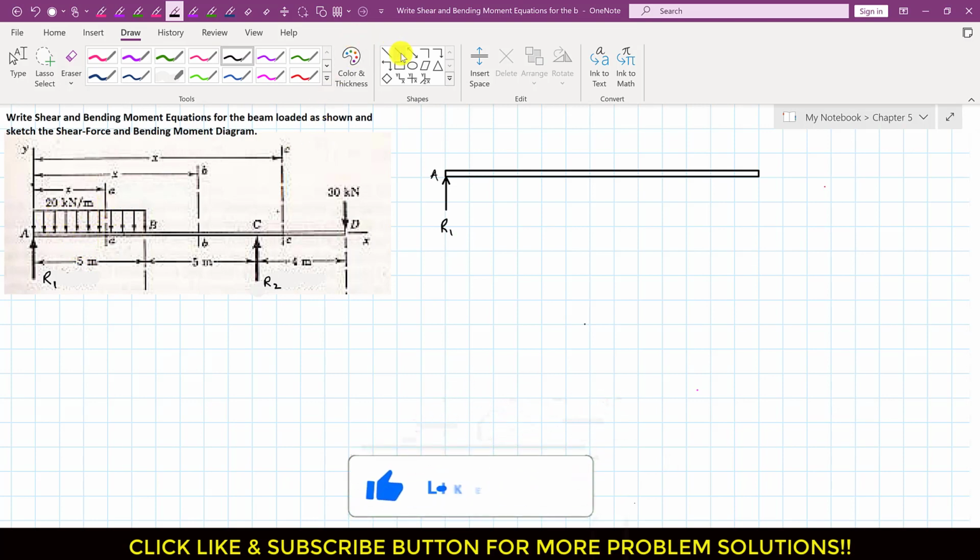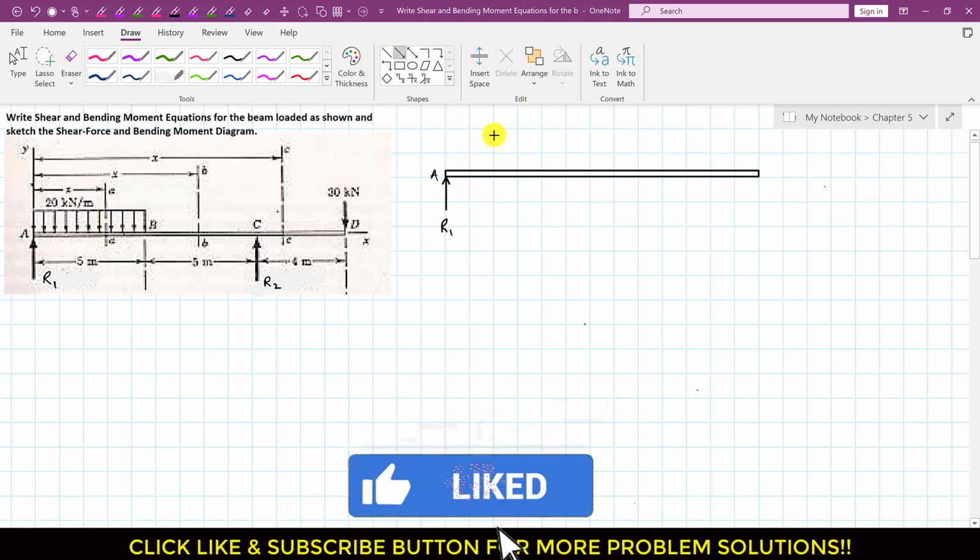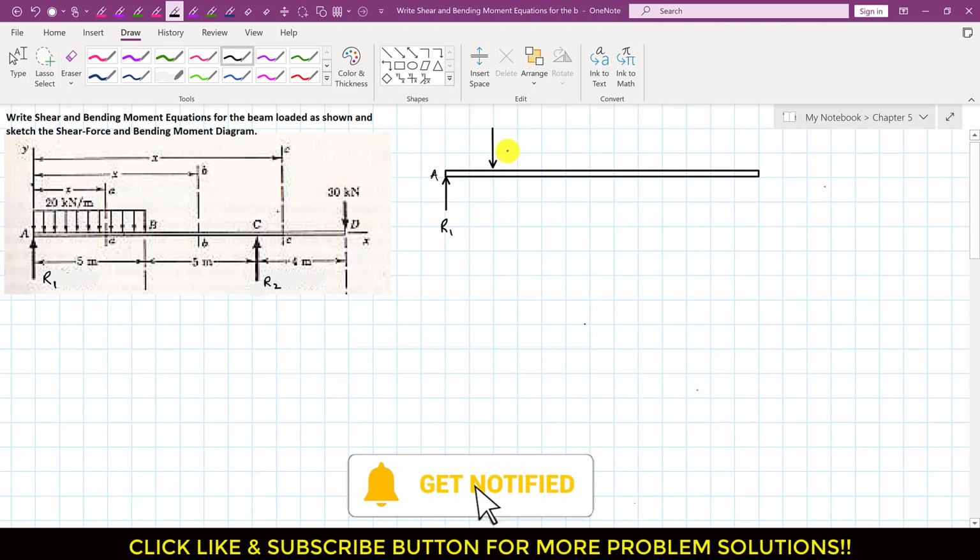So the concentrated load which replaces the distributed load will be equal to 5 times 20, which is equal to 100 kilonewton, right? So this 100 kilonewton force replaces the distributed load.